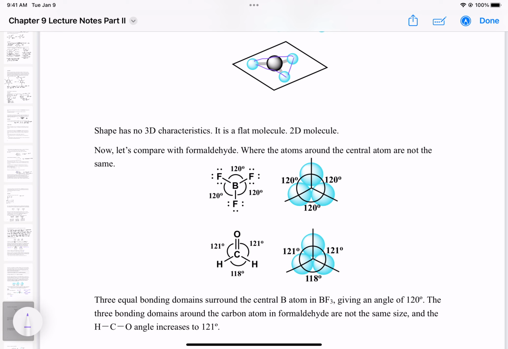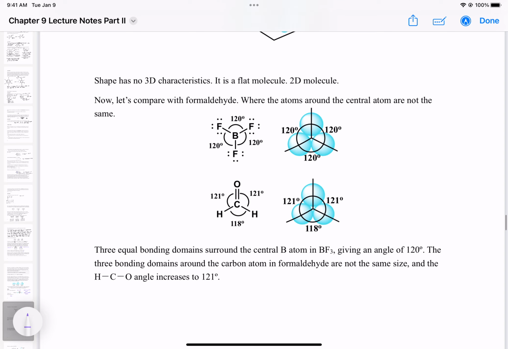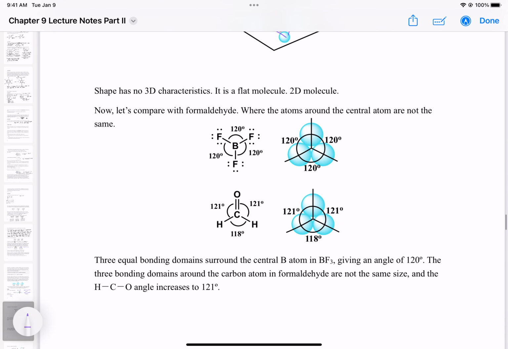So that's why it tends to depress the bond angle between the hydrogens, to make room for those extra electrons in the double bond there. Okay? So that's one more example of trigonal planar.